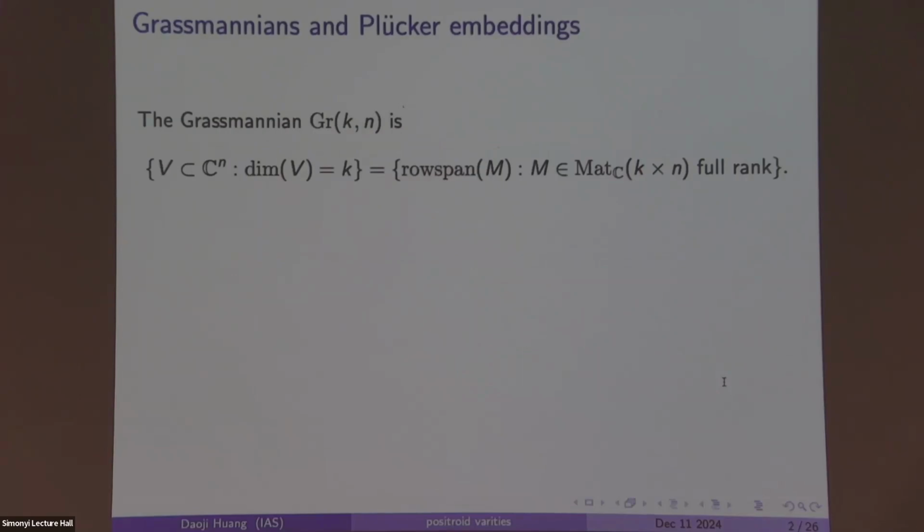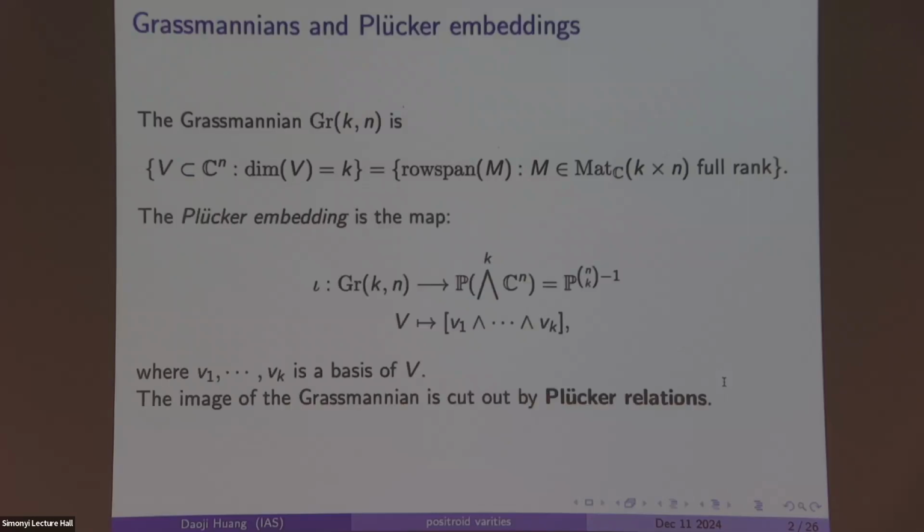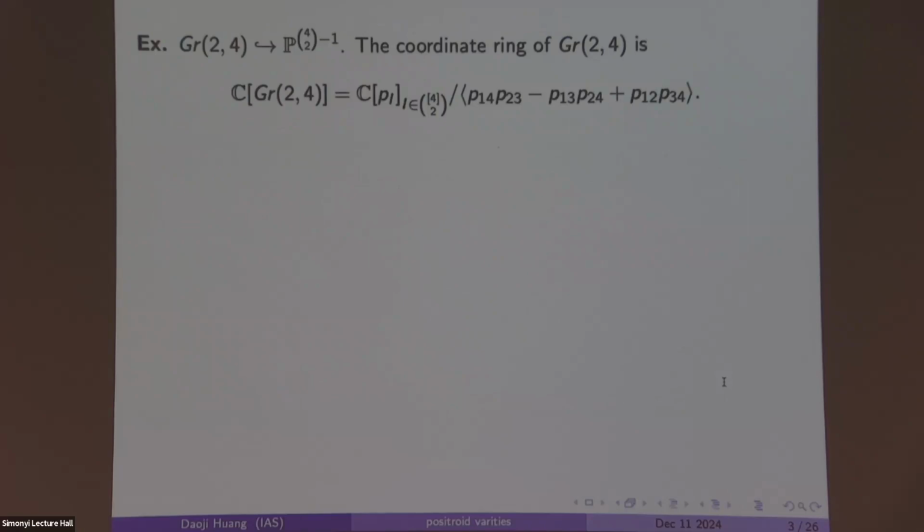So this is our friend, the Grassmannian, and the Plucker embedding, which we have seen many times this semester. The Grassmannian is cut out by Plucker relations.